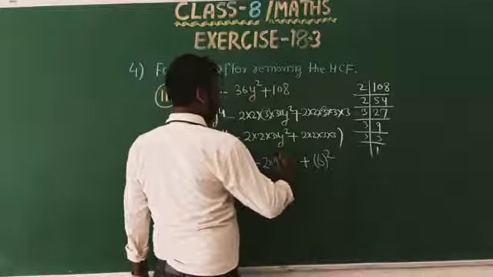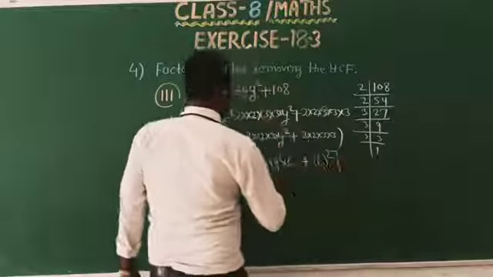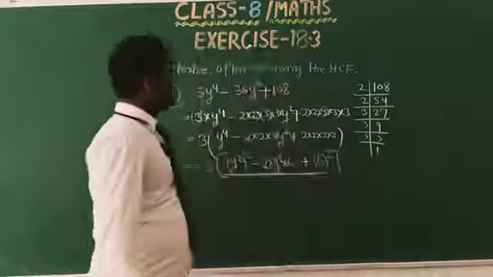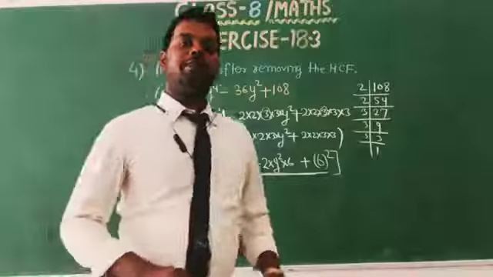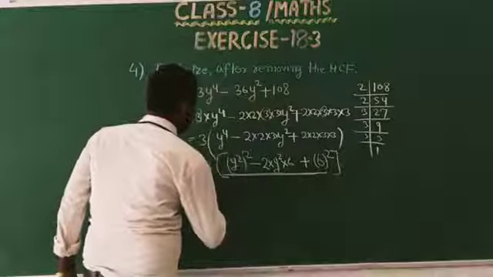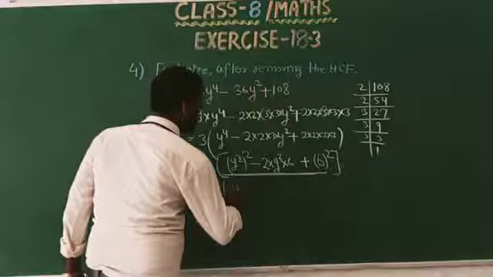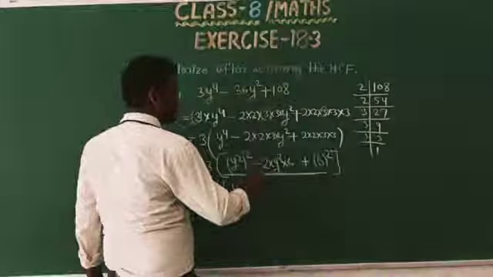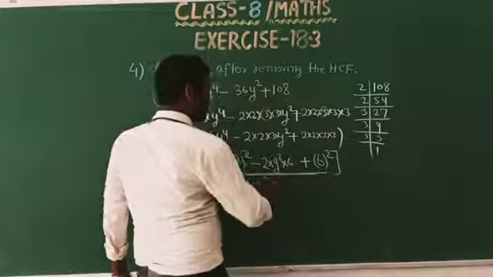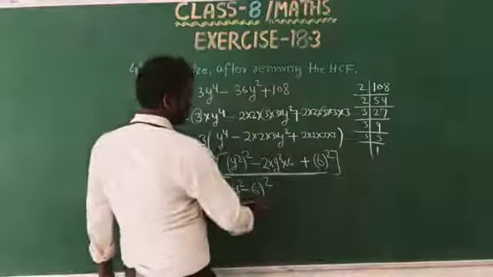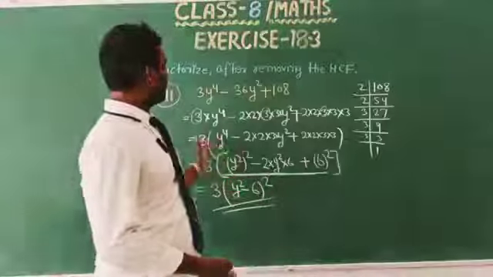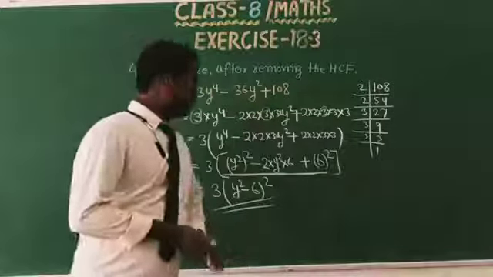Now using the identity a square minus 2ab plus b square, this expression becomes 3 into y square minus 6 whole square. So this is the solution of the third part of question number 4.